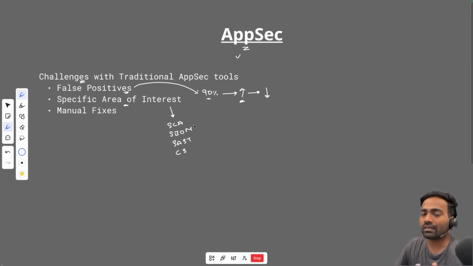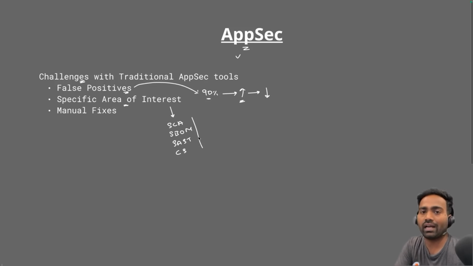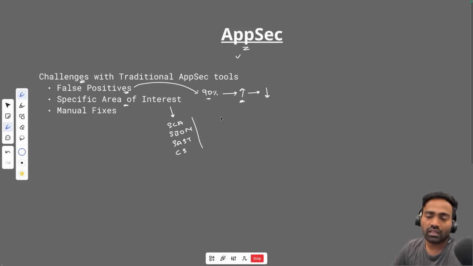Now, the problem with this approach is that DevSecOps engineers, or anyone who is taking care of integrating an application security platform, have a steep learning curve. They have to understand how exactly each of these tools works, and they have to constantly upgrade these tools within their toolchain.